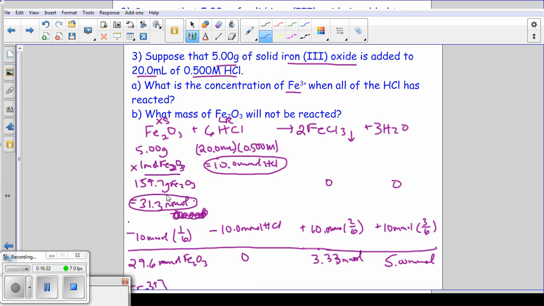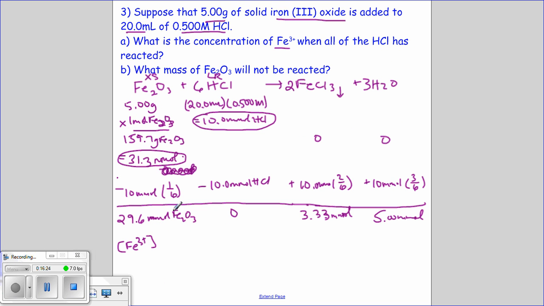I keep trying to tell you that this is going to be soluble, but the iron 3 oxide is actually insoluble in water. Since the acid has been consumed and this is only left in water because of the water present at the end as a product, this is not going to be ionized. It does react with acid, but it will not ionize in water. Nor will the iron 3 chloride because it's a precipitate here. So if we're asked about the concentration of Fe3+, then this is going to be 0 molar.